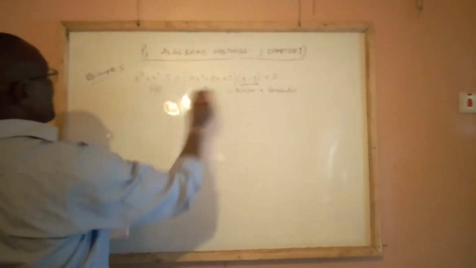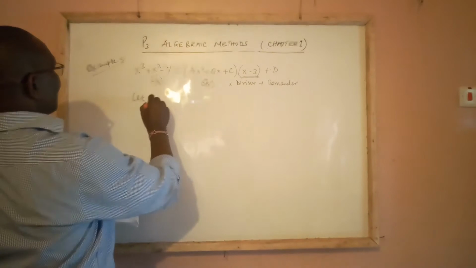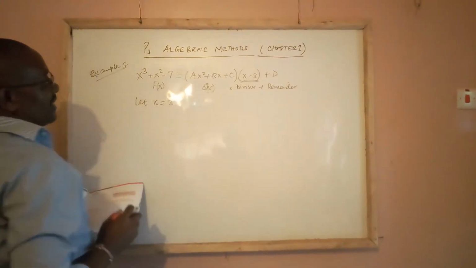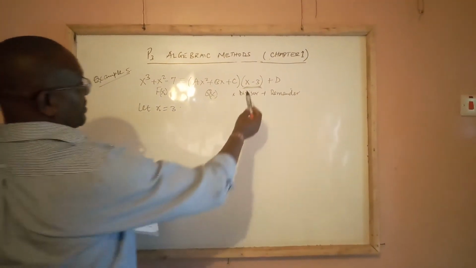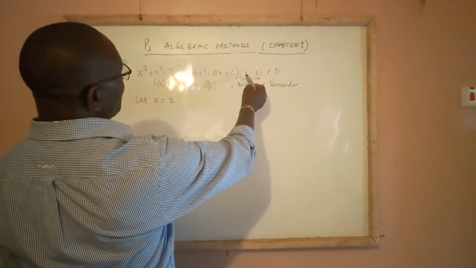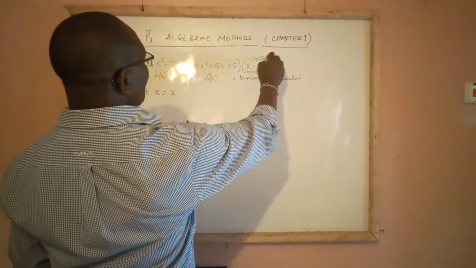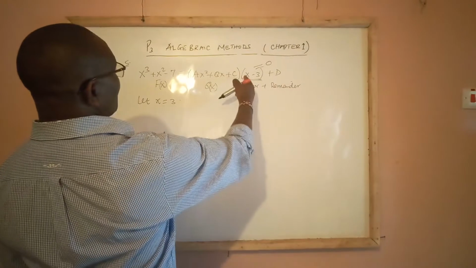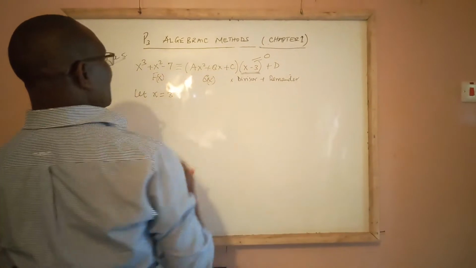So we can start by saying, let x be equal to 3. The moment x is equal to 3, this bracket becomes 0, because 3 minus 3 is 0.